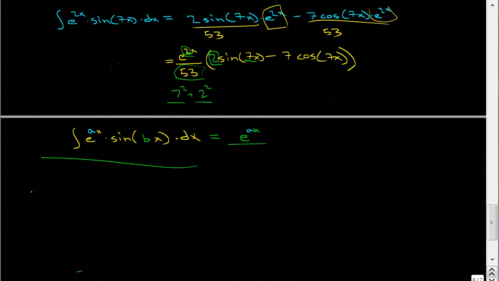And so since 7 was our b, we could say that this is over b squared plus a squared, times, and since the 2 here correlates with the a, we would say times a sine, and b was our number inside, bx, minus, and since 7 was here, so we minus b cos bx.